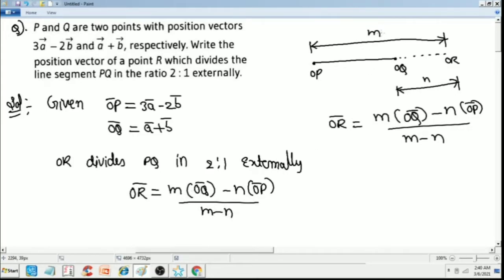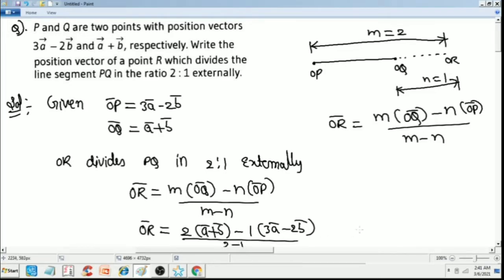Here m is 2, n is 1, right? 2:1 ratio, so m is equal to 2 and n is equal to 1. So OR bar is equal to 2 times OQ, a bar plus b bar, minus 1 into OP bar, 3a minus 2b bar, by 2 minus 1. 2 minus 1 is 1.